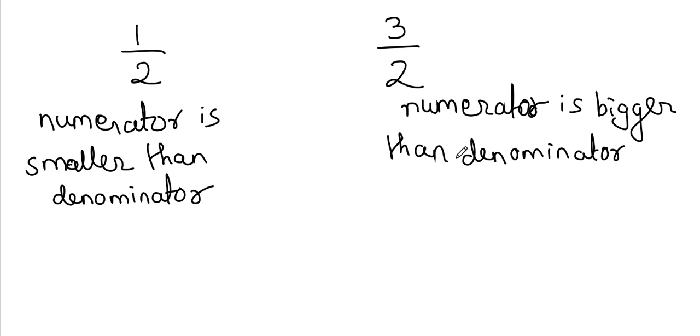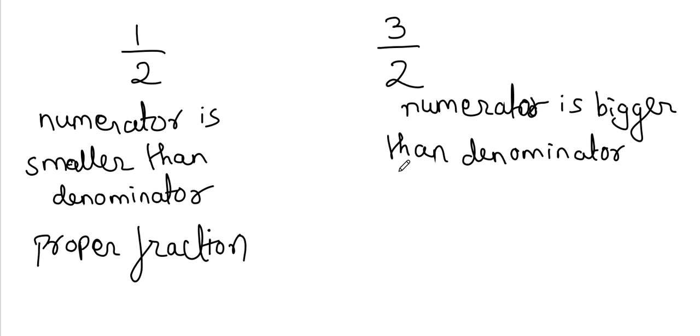This is one major difference for the type of fraction. When the numerator is smaller than the denominator, it is called a proper fraction. And when the numerator is bigger than the denominator, it is called an improper fraction.